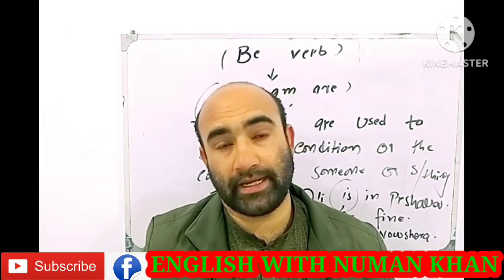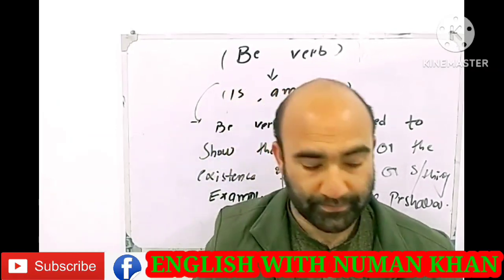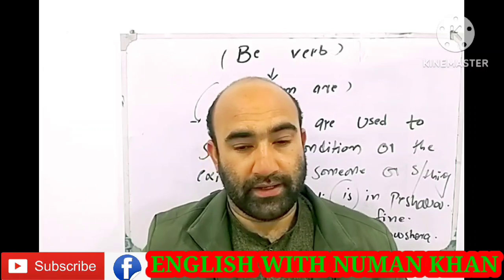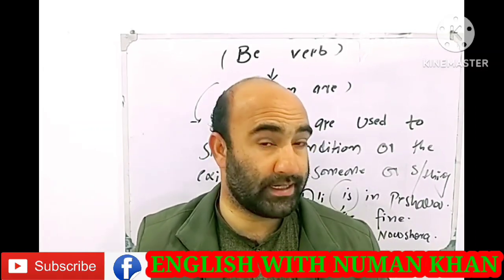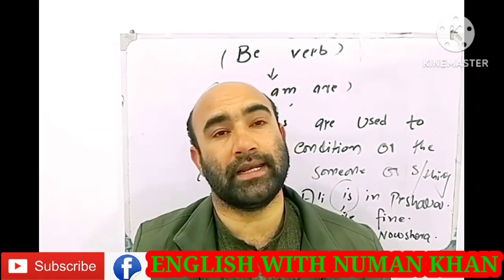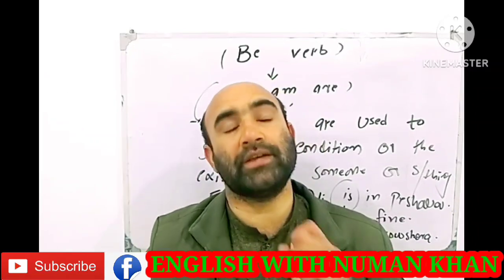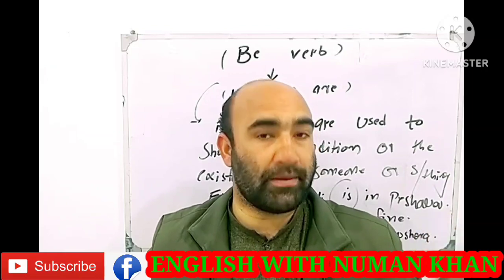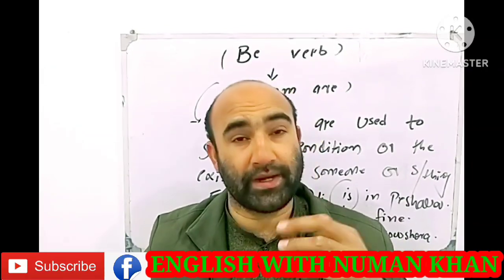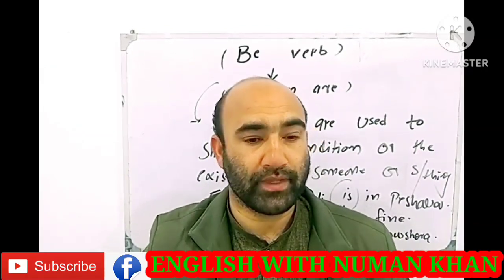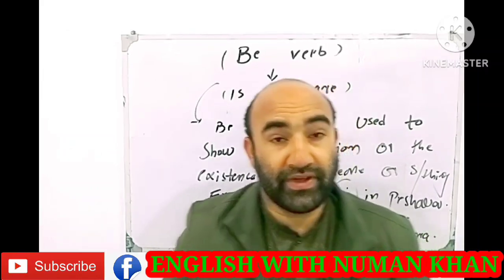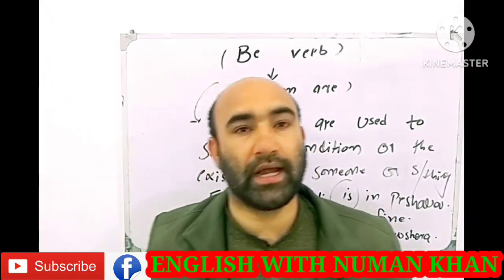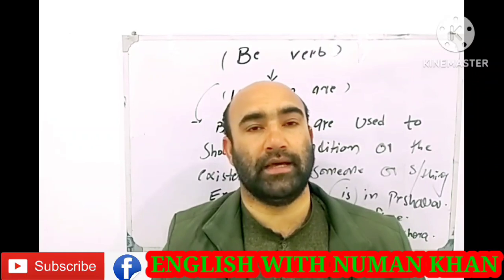Islamia College is in Peshawar. Where is the capital of Pakistan? The capital of Pakistan is in Islamabad. Very good. We are talking about the existence of something. We want to know our capital's location. Where is Karachi? Karachi is in Sindh.